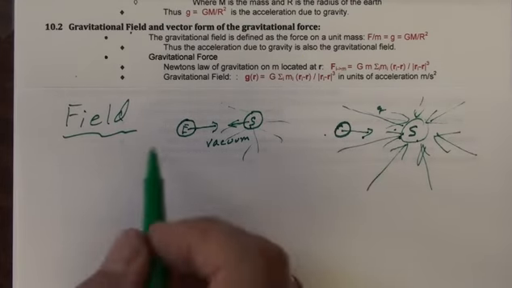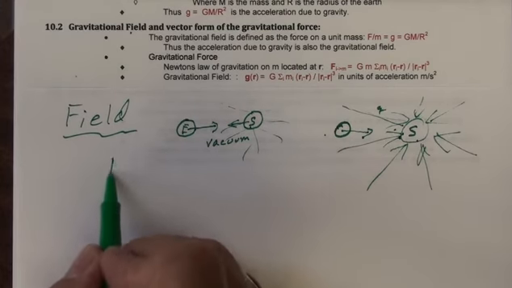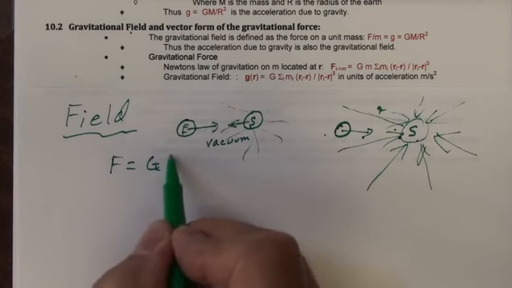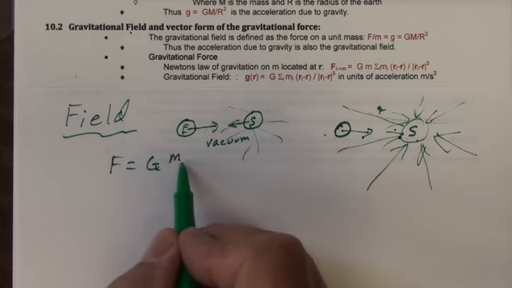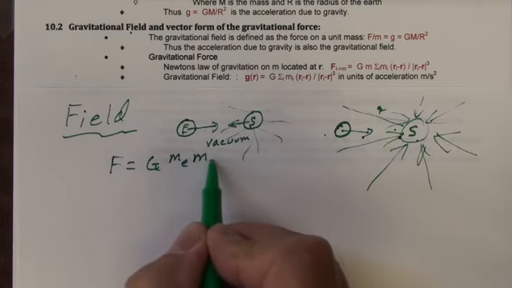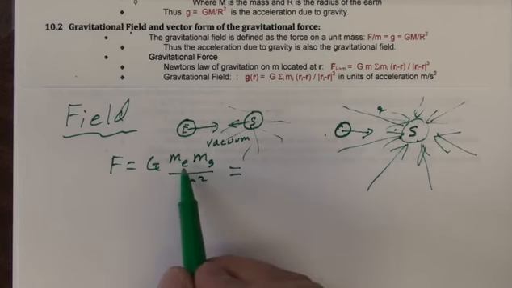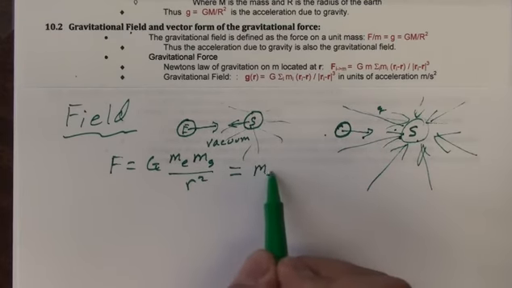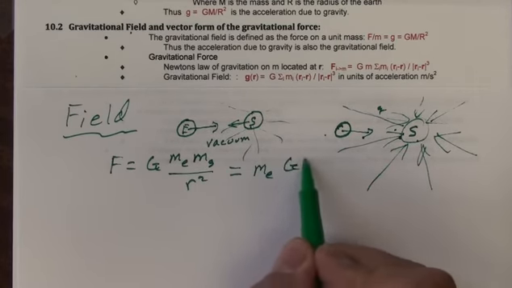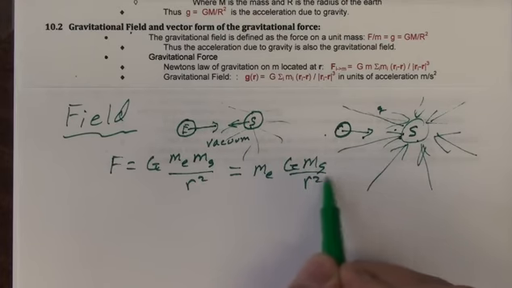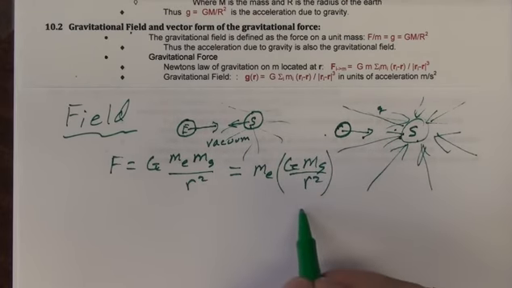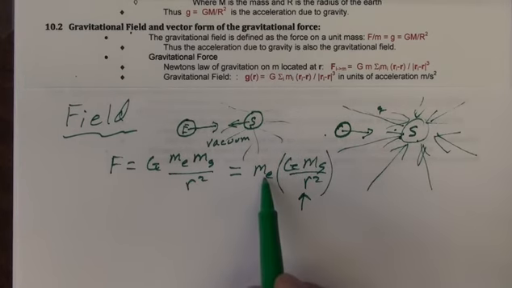So what they did was they separated this force, F is equal to G, mass of the Earth, mass of the Sun, over the radius squared. They said, let's separate this and write mass of the Earth times G M_s over r squared, and call this the gravitational field of the Sun where the Earth is.